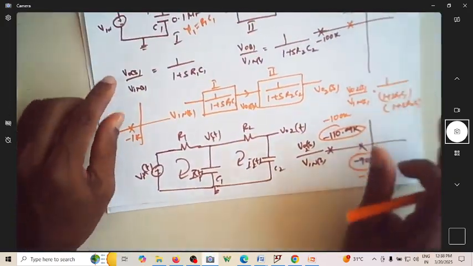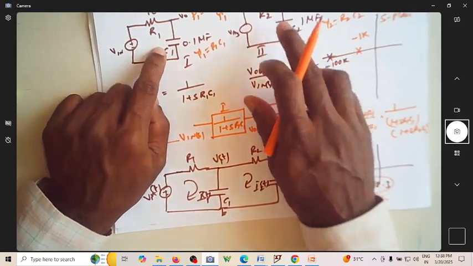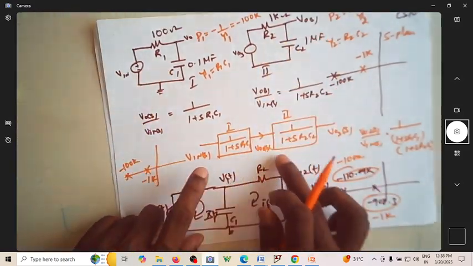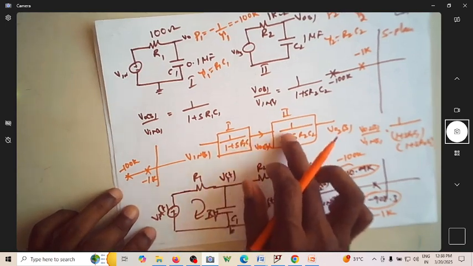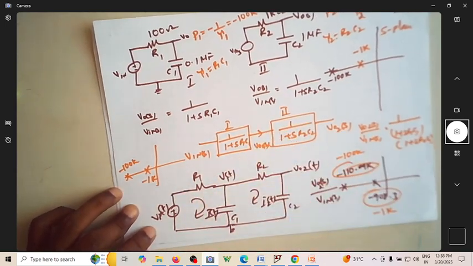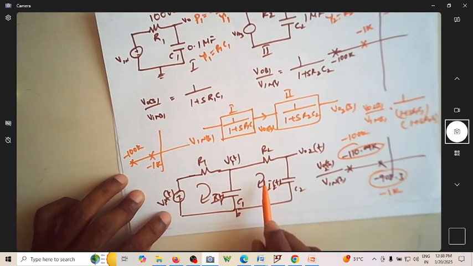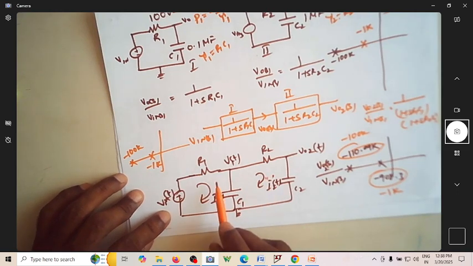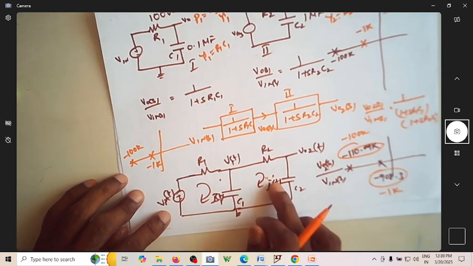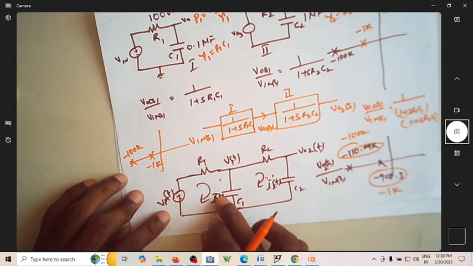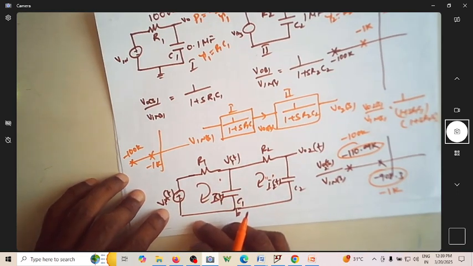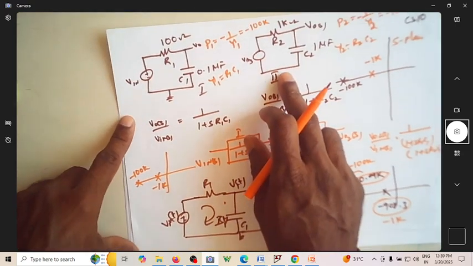The point we are trying to understand is that the moment you cascade these individual circuits, the overall transfer function is not simply the product of these two. Why? Because this circuit is going to load this circuit. Because of the loading effect, the poles are not at the intended positions of their individual poles.